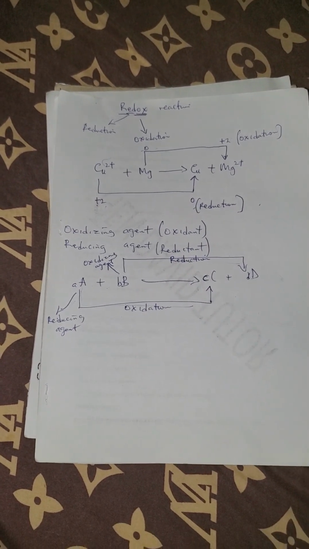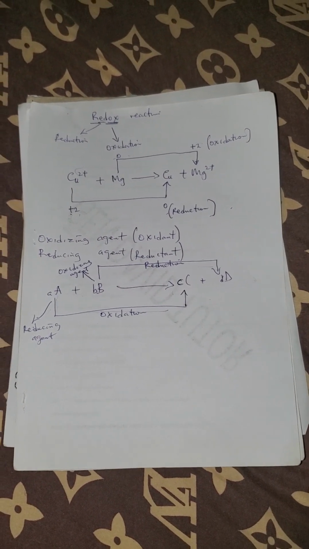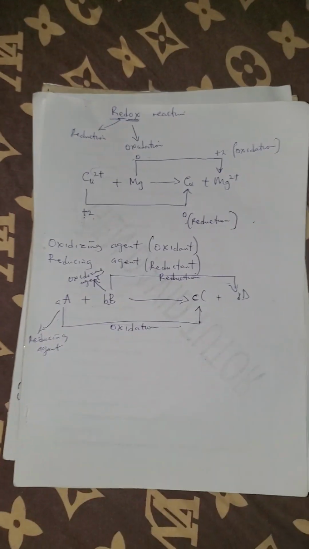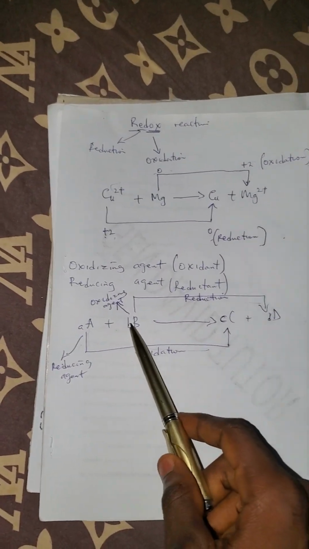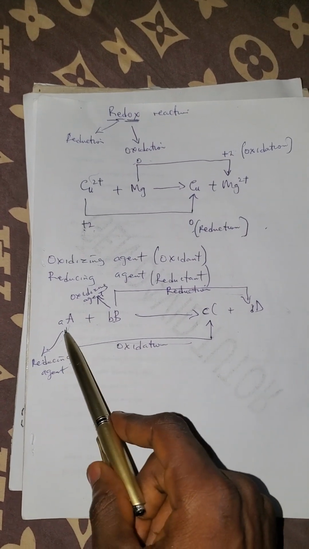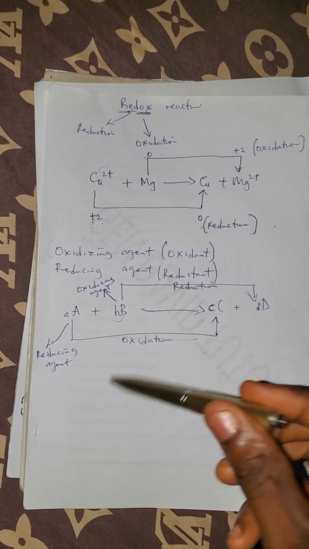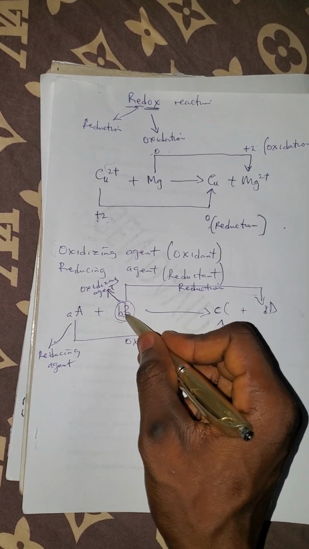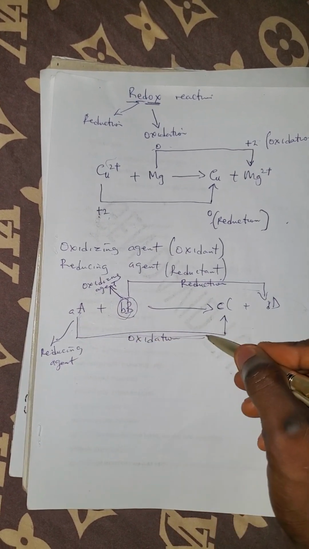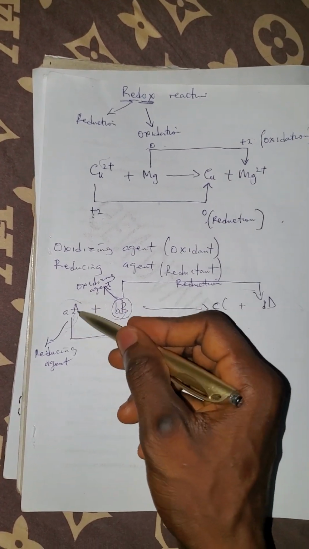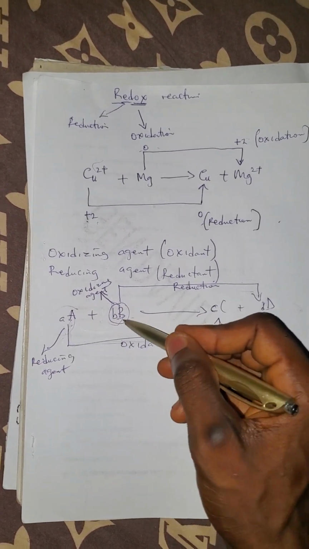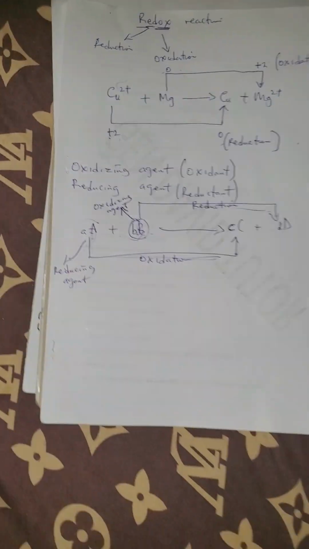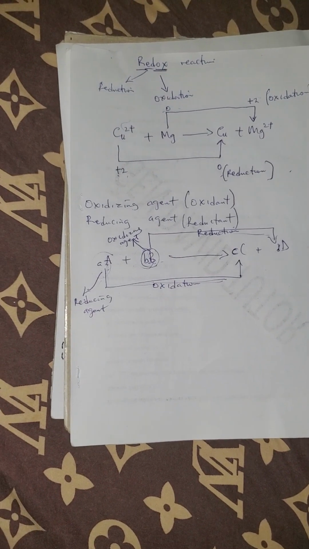The oxidizing agent will oxidize other elements. We call it the oxidizing agent because it makes this element undergo oxidation. I call this the reducing agent because it makes this undergo reduction. Now let us check more examples.